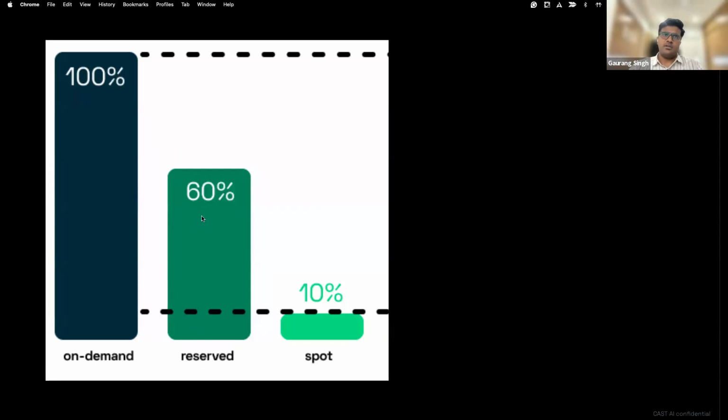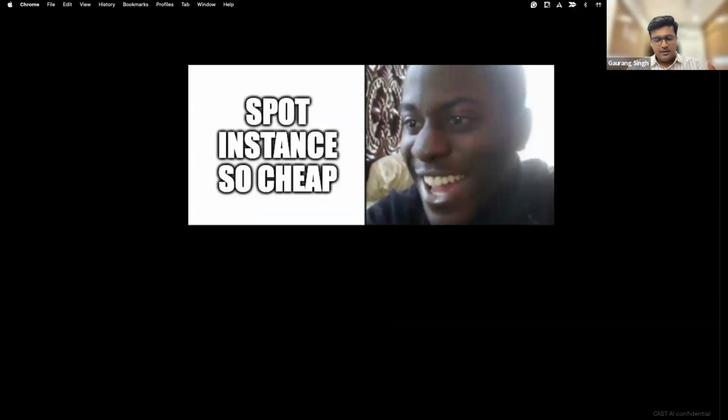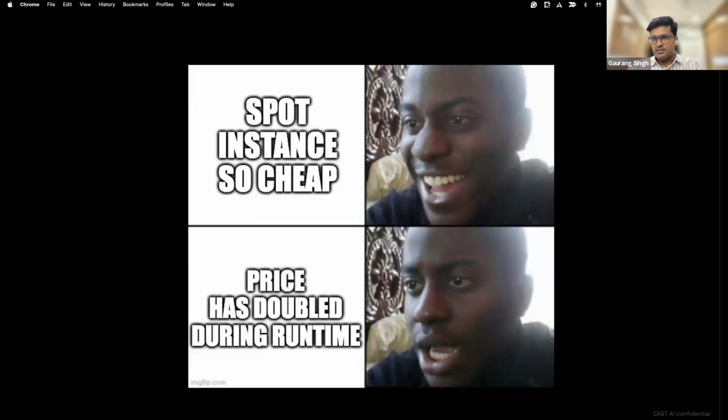Most likely you end up at 60%. But the maximum saving you achieve is with spot. Once you see that, you react like, oh, spot is the cheapest one, and you start using it. But that is not the actual case. You see the price today, and when you start using it, the price changes.